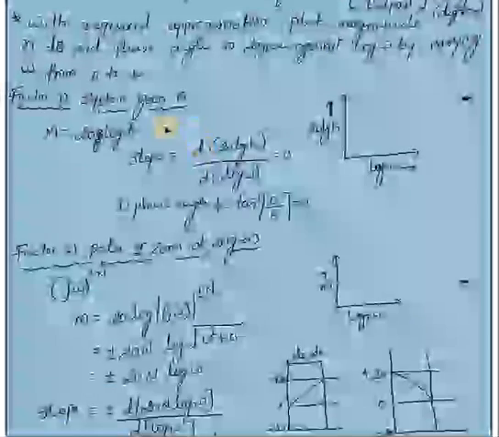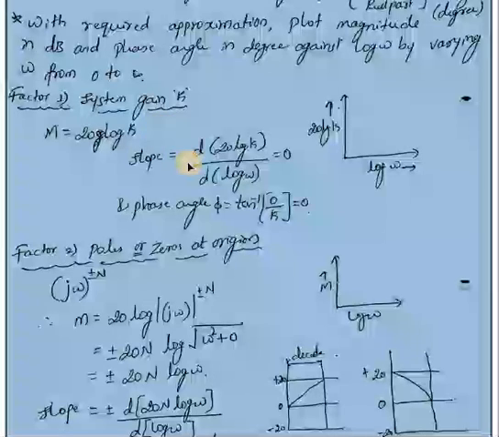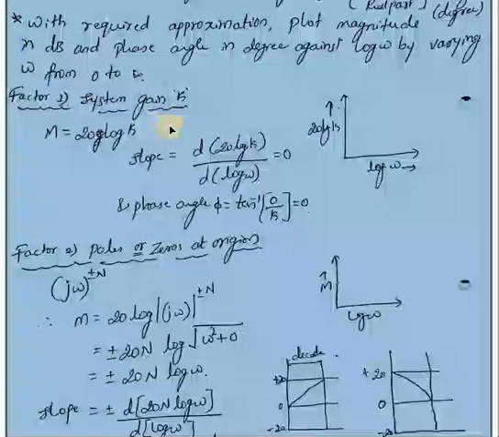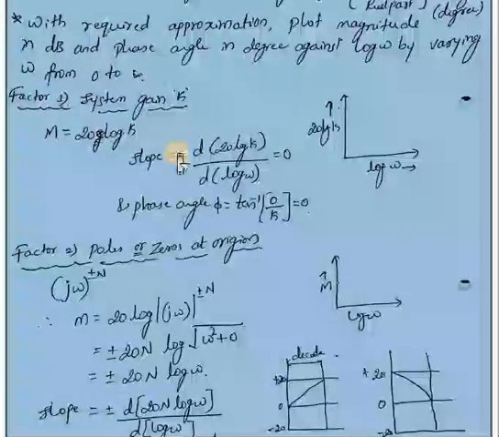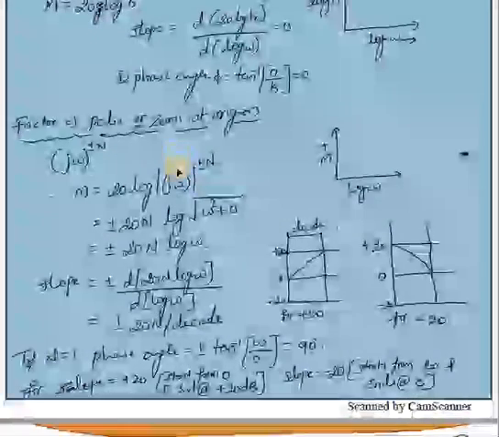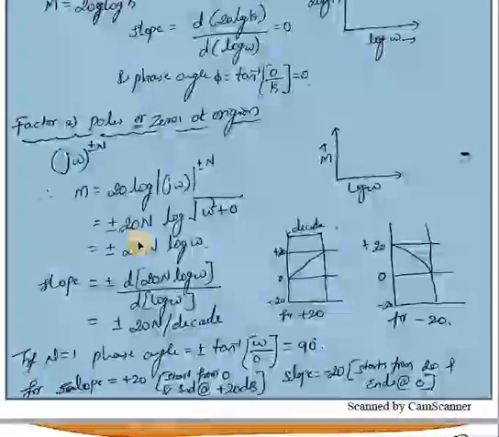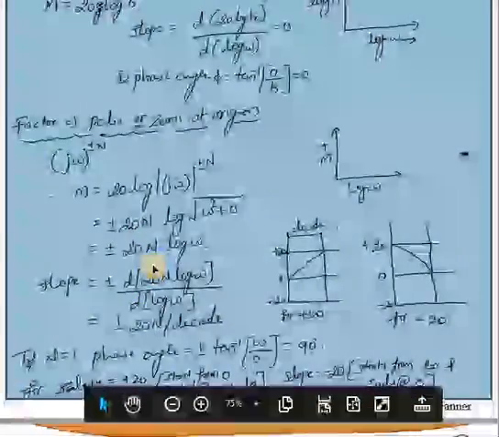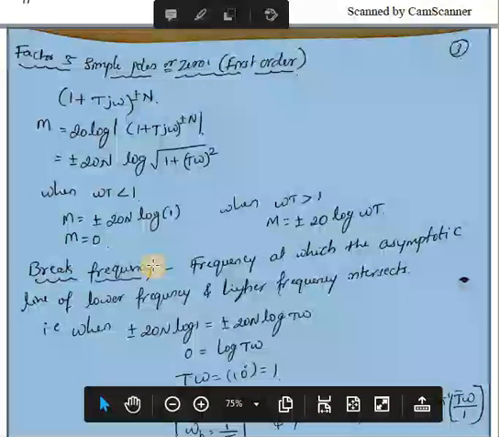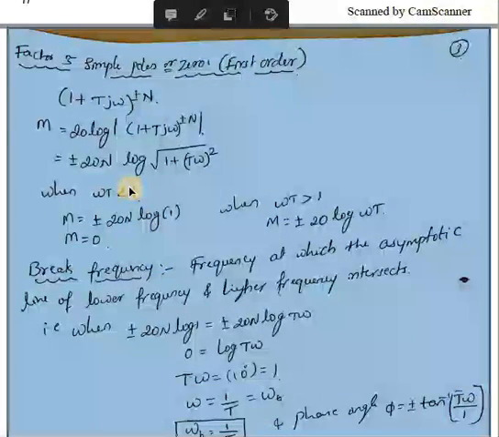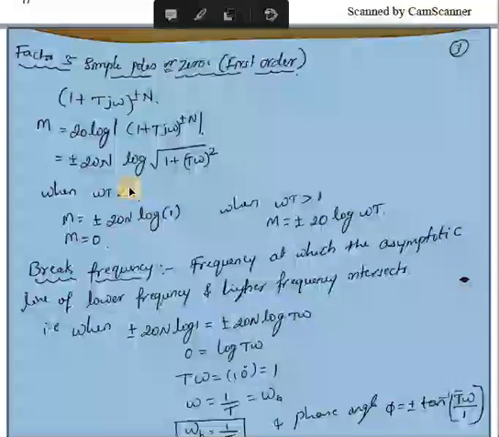That is, which slope you have to take and what the angle is for the constant factor, that is the system gain. If there is a pole or zero at the origin, how to take the slope and angle, and if the pole is a simple pole or the zero is of first order, how to calculate the break frequencies or corner frequencies and how to take the slope for those.